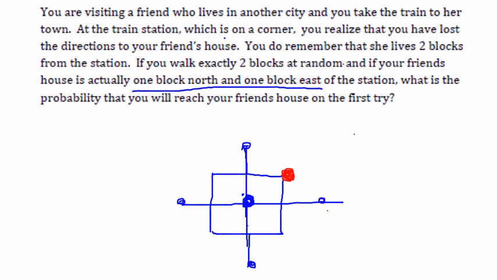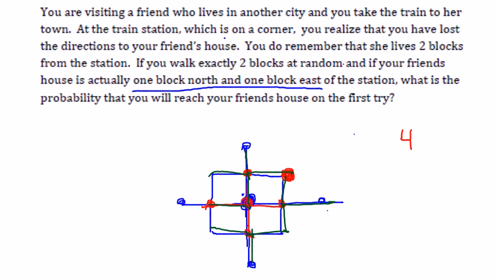So when you start at the train station, there are actually 1, 2, 3, 4 options that you could take. And so there are 4 things you could do when you leave the train station. Now the nice thing about this problem is once you get to one of these next corners, at each of those corners there are 1, 2, 3 ways that you could leave.